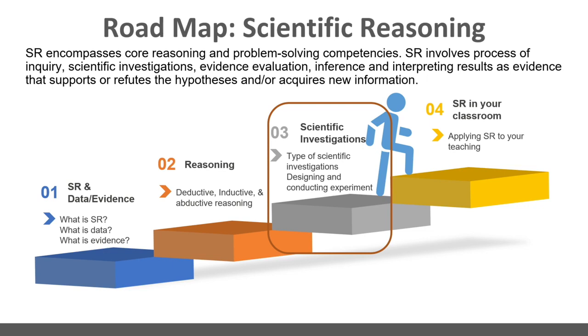In this module, we'll focus on the last part of scientific reasoning, which is scientific investigation. We will talk about types of scientific investigation, and also designing and conducting experiments.